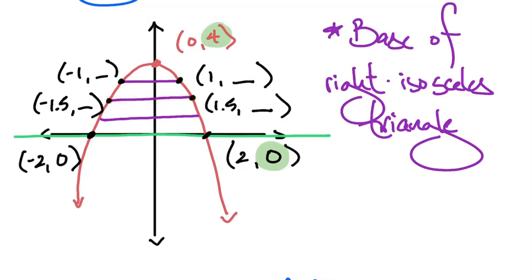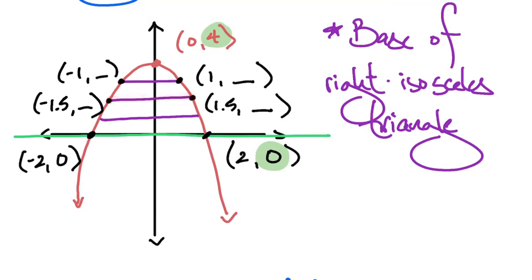3. Okay. How long is just this part? 1. Okay. And 1 times 2 will give me 2. How long is this part? 1.5. Okay. And what's 2 times 1.5? 3.